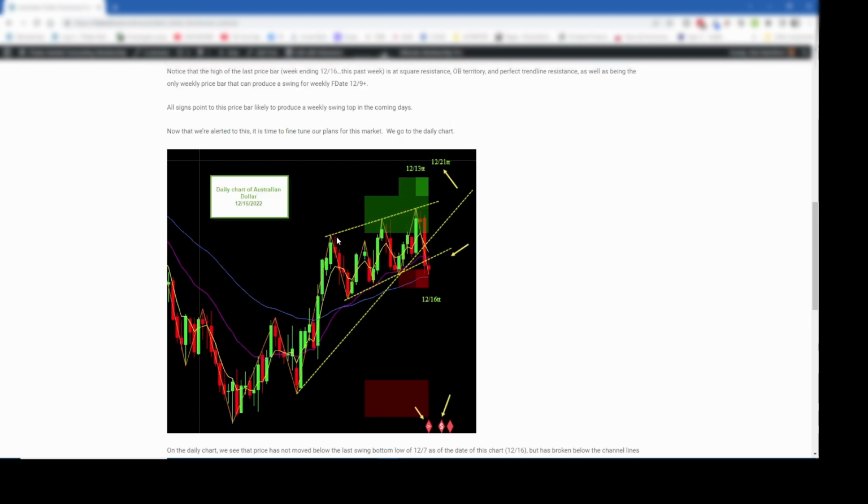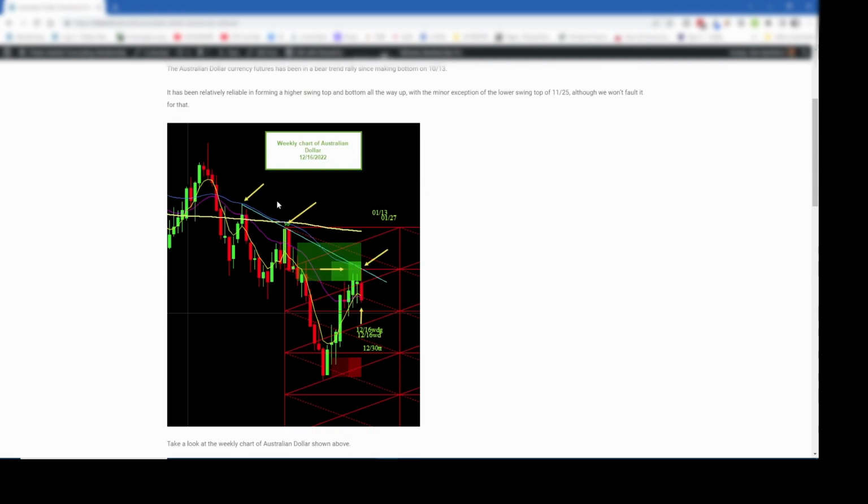You can see that on the daily chart, the high of last week even hit short-term resistance from the upper channel line. So on the weekly, those were two different previous swing tops that the trend line came off of. This is many weeks ago.